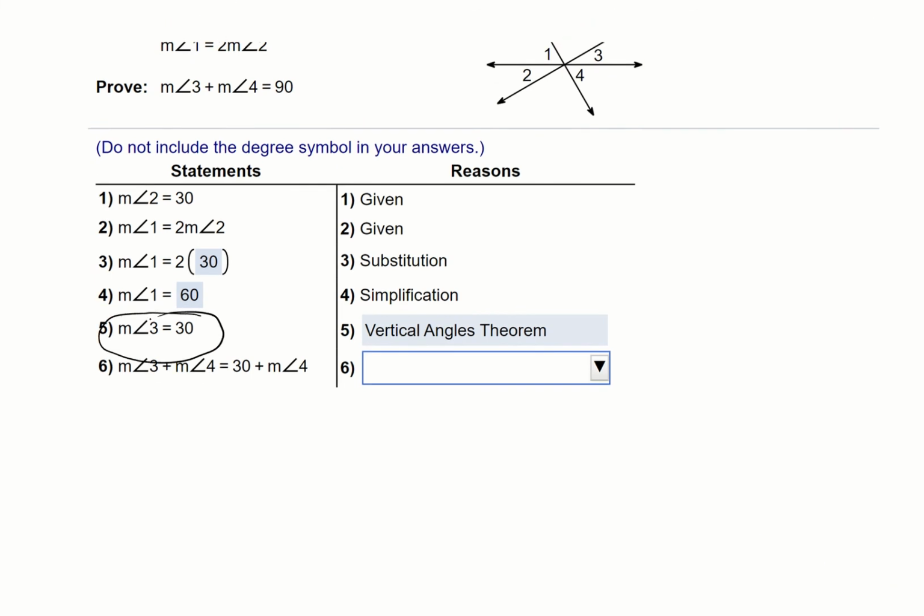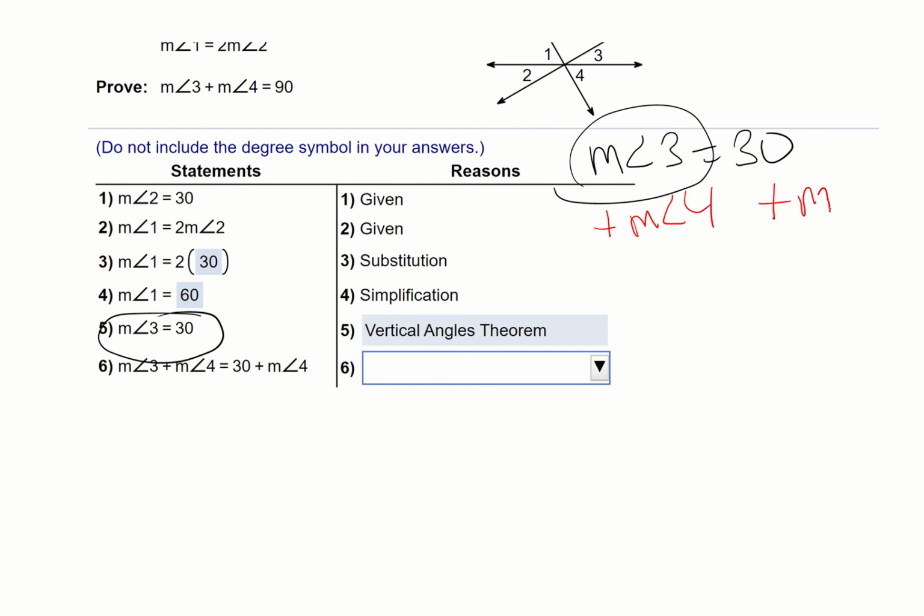So what they're saying is they're starting there, and they're taking the left side and adding the measure of angle 4 to both sides. That's basically all they're doing right there, and that's known as the addition property. Whenever you take an equation and you add the same thing on both sides, that's known as the addition property of equality.